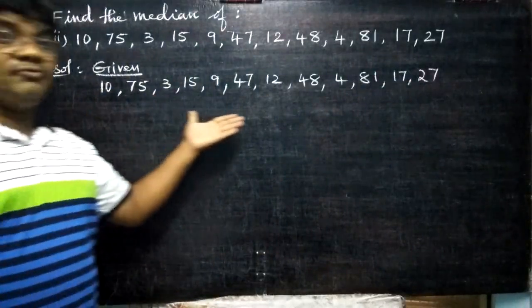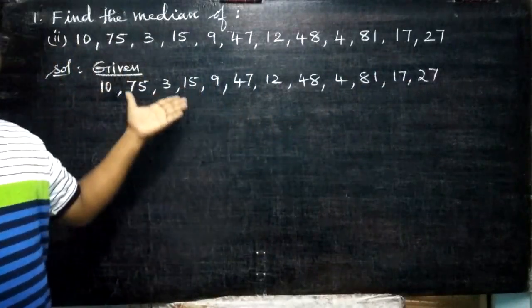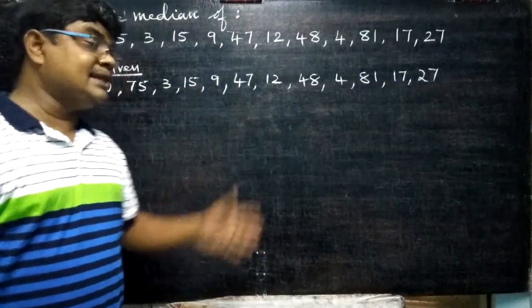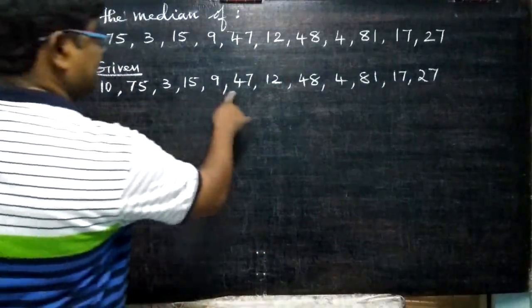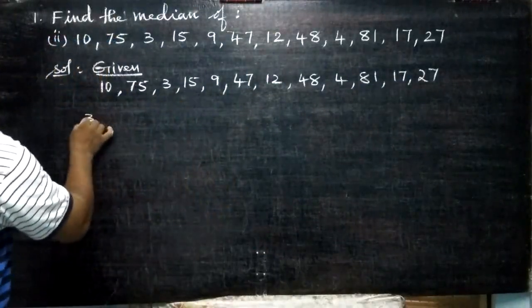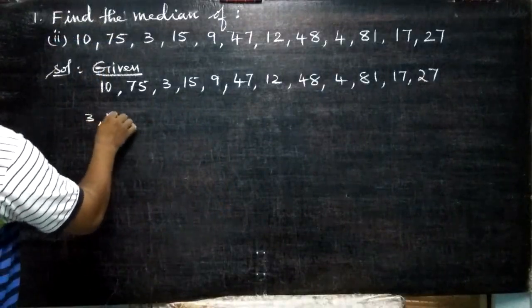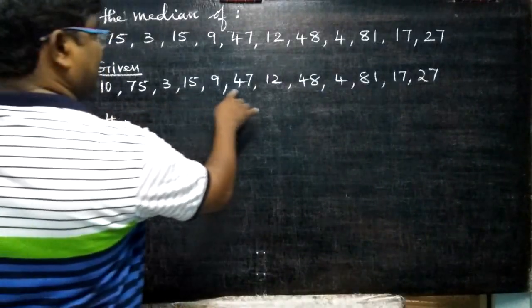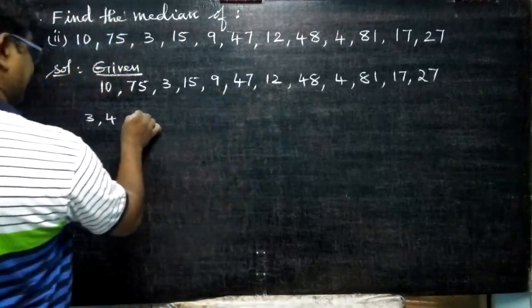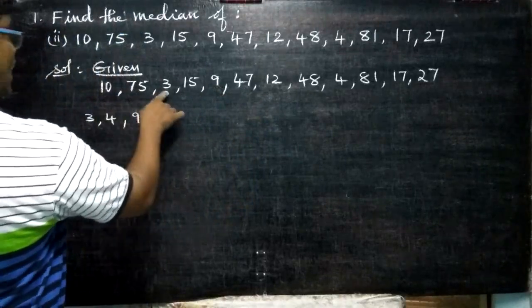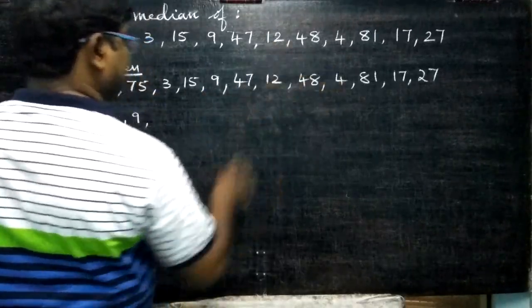First step, what do we have to see? Whether they are in order or not. Ascending order. Which is the smallest? 3, next one is 4, then 9, single digits.